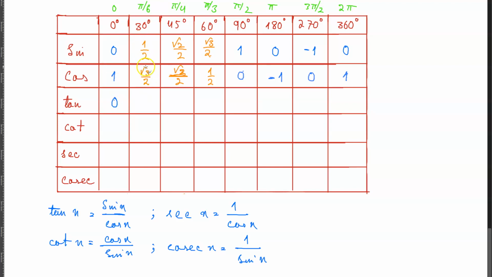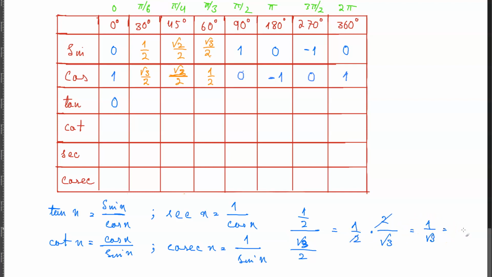1 divided by 2 divided by square root of 3 over 2 is basically, so you have 1/2 divided by square root of 3 over 2, which gives you 1 divided by 2 times the reciprocal of this, which is 2 over square root of 3, which is 1 over square root of 3.